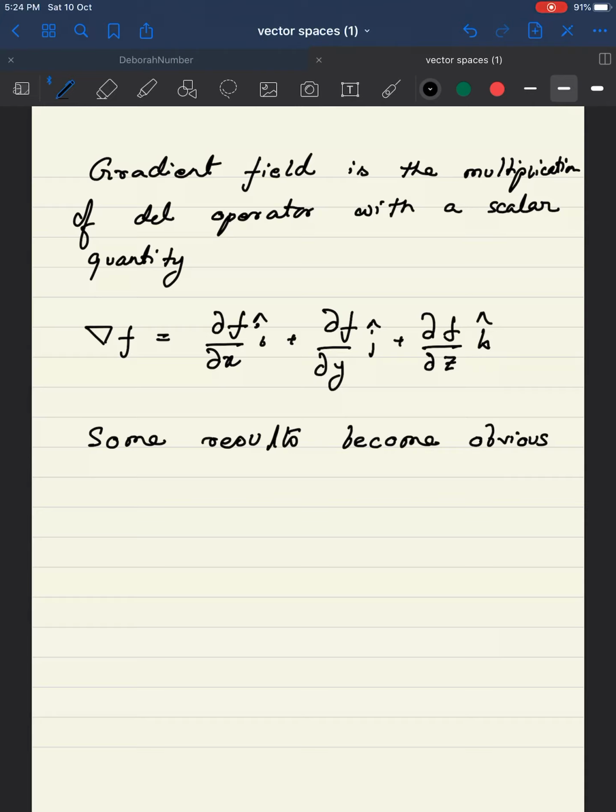For example, the curl of any gradient is always 0.